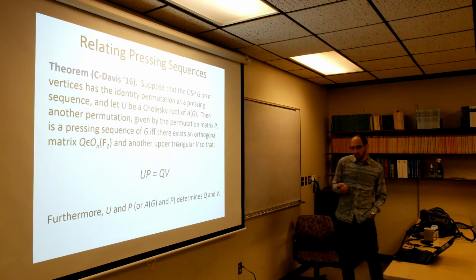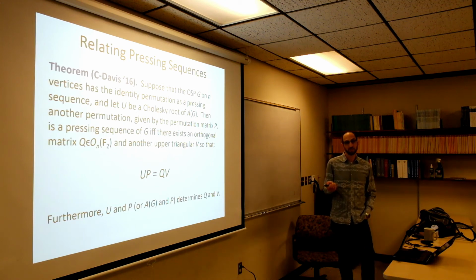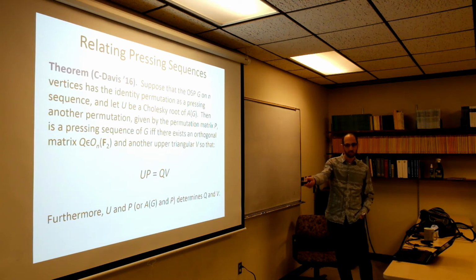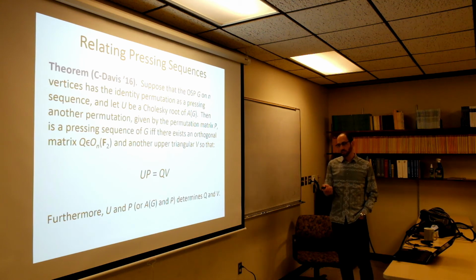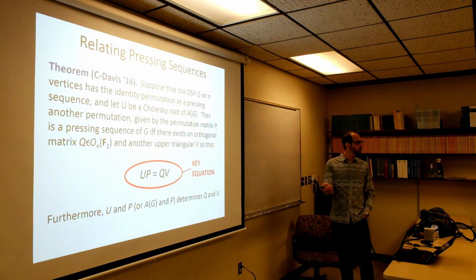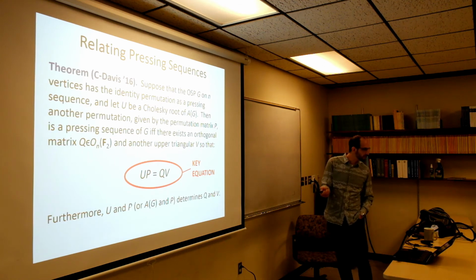And furthermore, U and P actually determine Q and V, because you can always take a QR factorization of this, and it gives you Q and V. So, in fact, you could pick any two of these things and it determines the rest, more or less, with some exceptions I'll come back to in a moment. So this is what I'll refer to as the key equation, UP equals QV. Upper triangular times our new permutation, there has to be some orthogonal matrix so that Q times some upper triangular matrix V gives you that same UP.